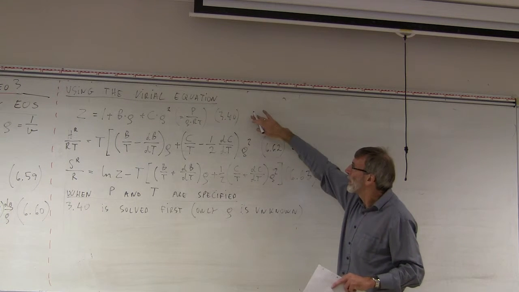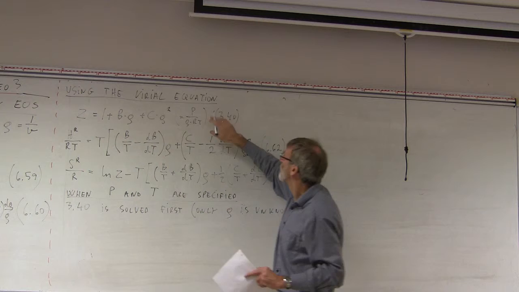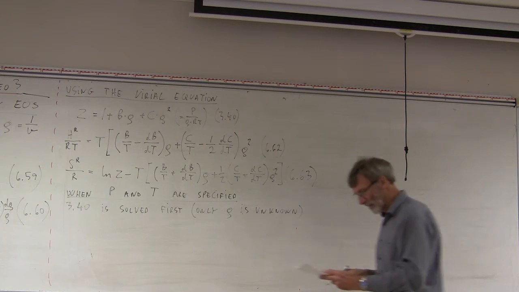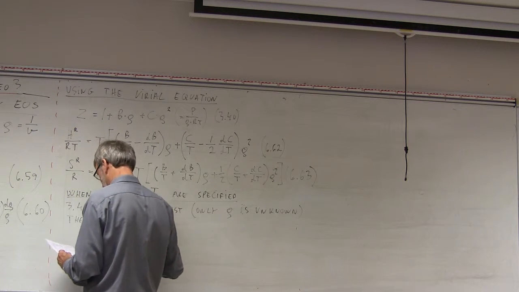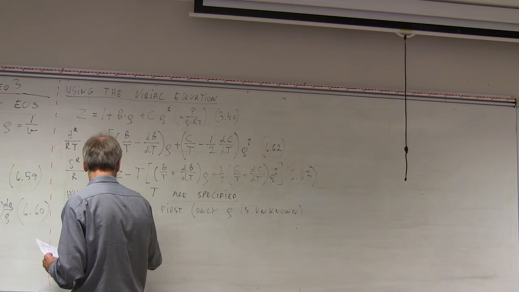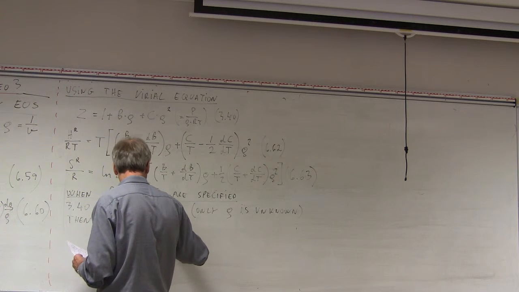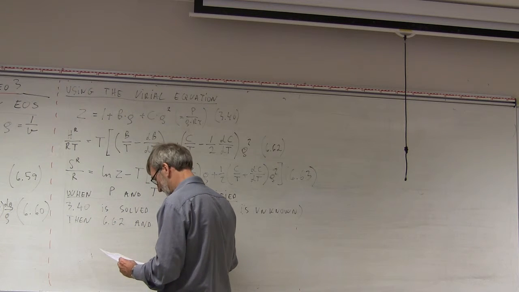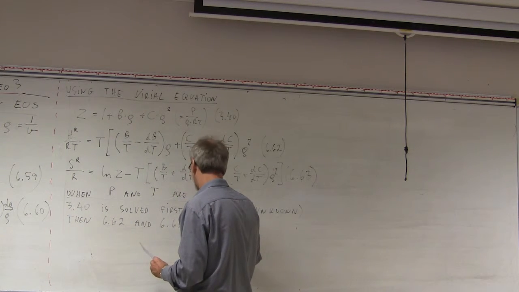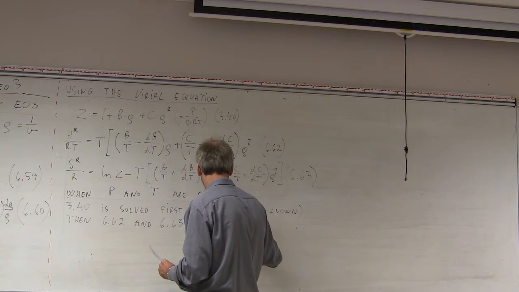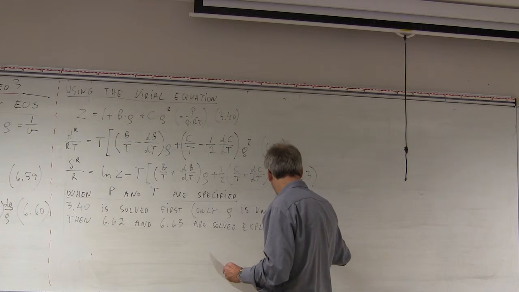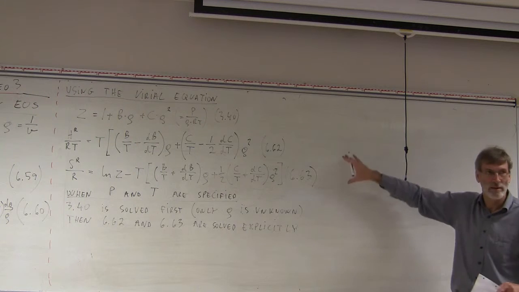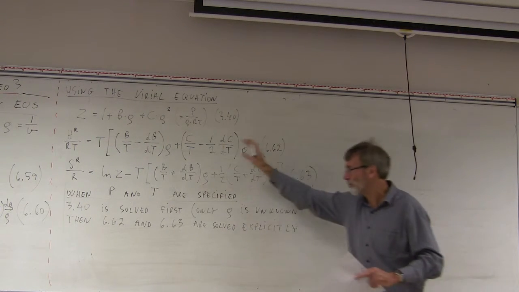First, we solve this equation for rho. Then 662 and 663 are solved explicitly, we can just go from right to left on that.